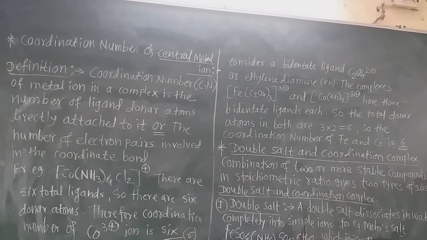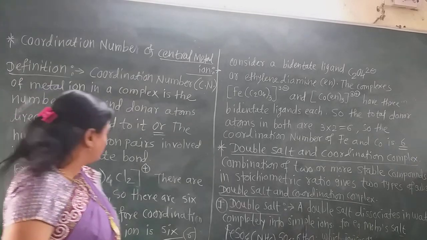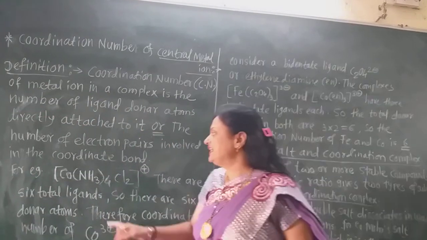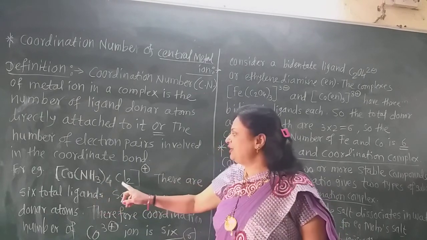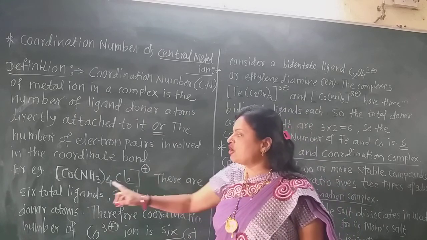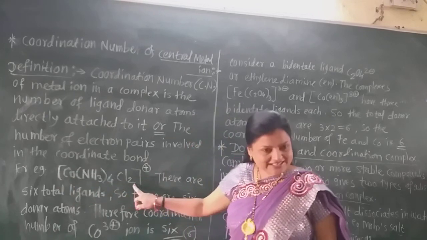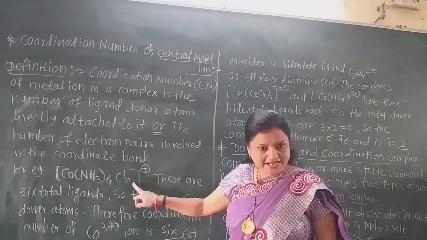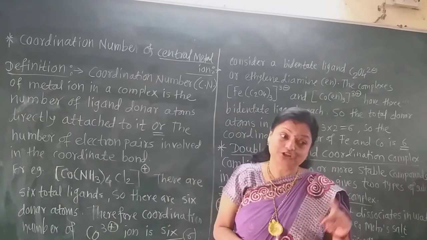Now see here, I give one example, a complex of cobalt. In it there are totally 6 monodentate ligands. Out of these, 4 are ammonia molecules and 2 are chloride ions. The cobalt is in the +3 state, but there are 2 minus charges from the chlorides. So the 2 minus charges and 2 of the plus charges get cancelled, and only 1 plus charge remains on the complex.